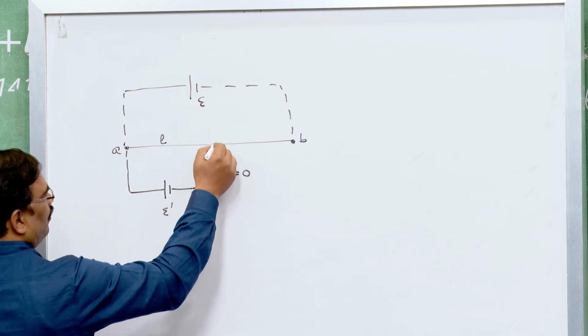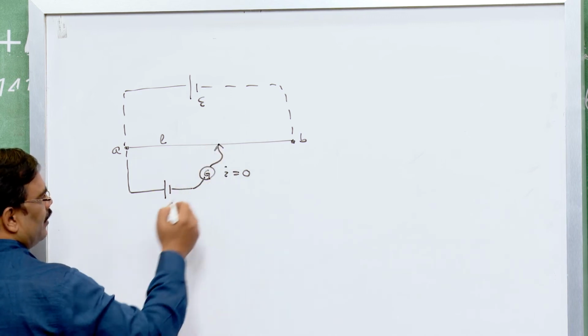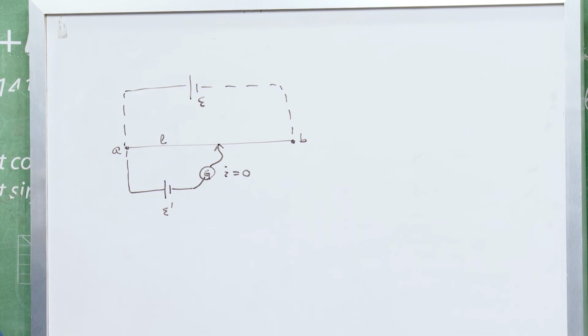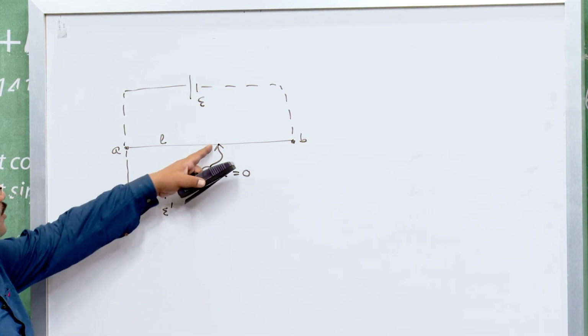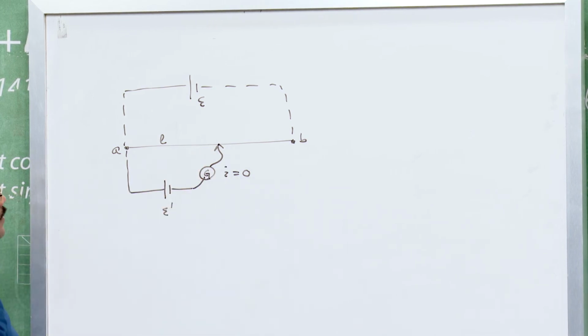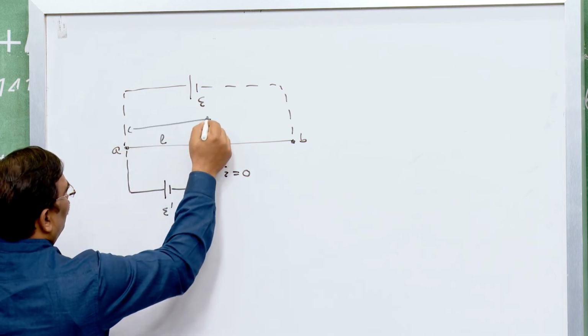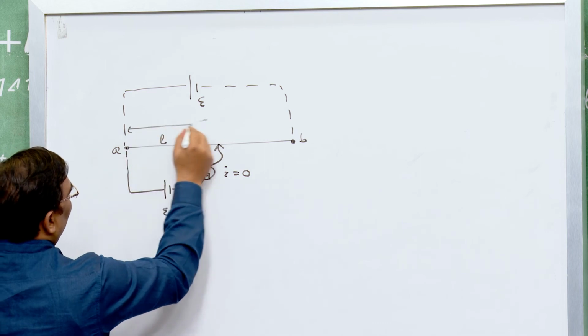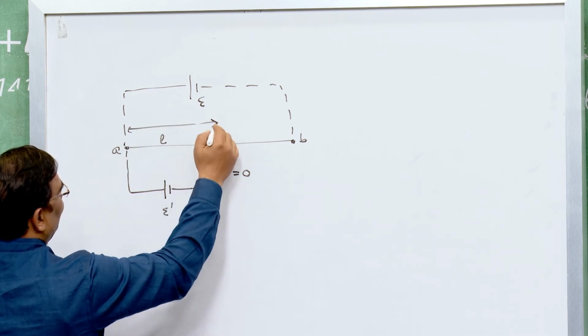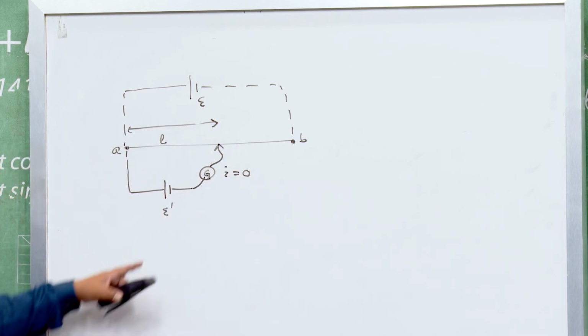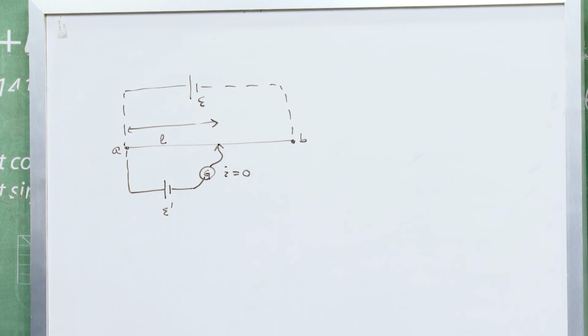Now, if the galvanometer shows 0 deflection, the current through this branch is 0 at this point, it means that the potential across the length L of this wire is equal to the EMF E dash.